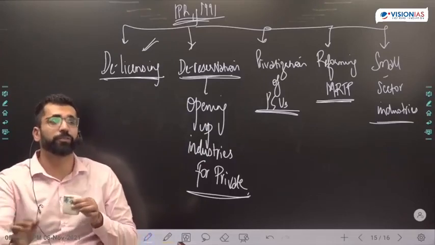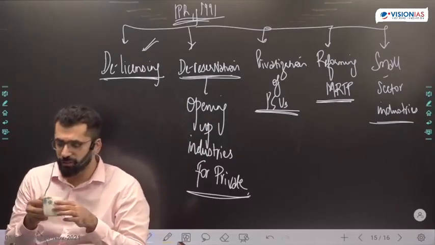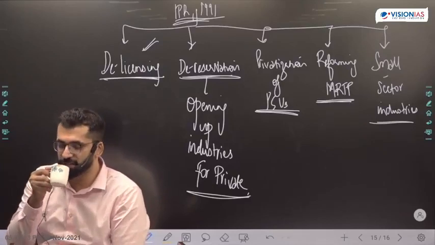So you can write down a small note on the Industrial Policy Resolution of 1991. Just give a heading, Industrial Policy Resolution 91.